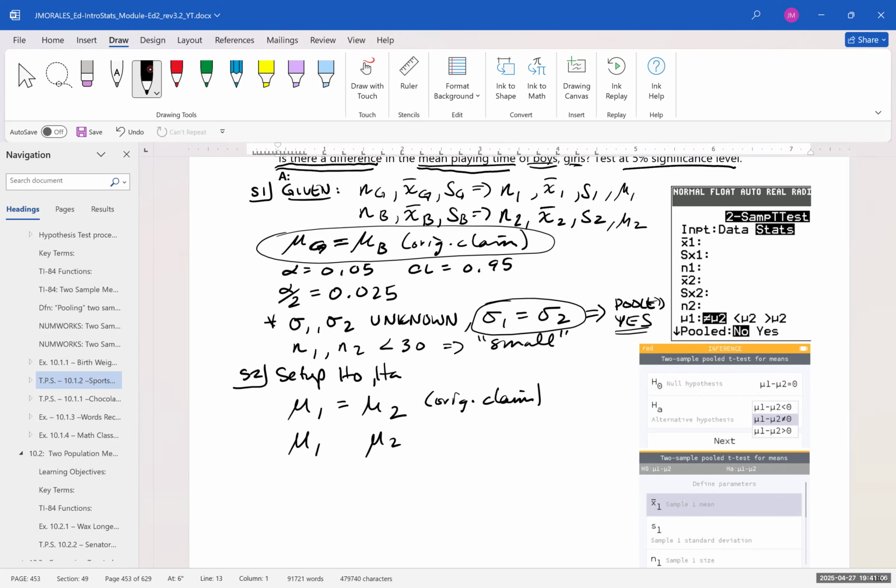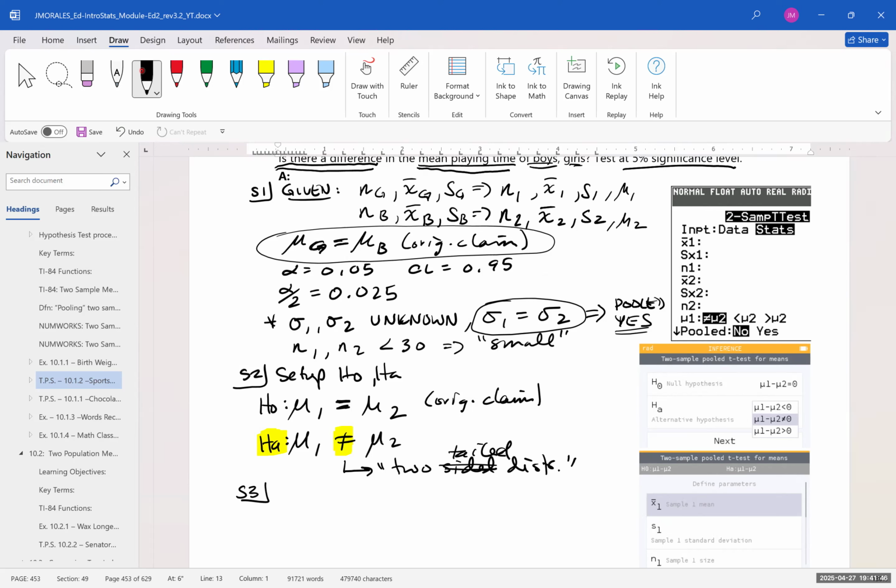The complement of equals is not equal to. The statement with equals is our null hypothesis, and the other is the alternate. And remember, our alternate hypothesis tells us the nature of the distribution we're going to be using. This is telling us that we're going to be using a two-sided or two-tailed distribution.